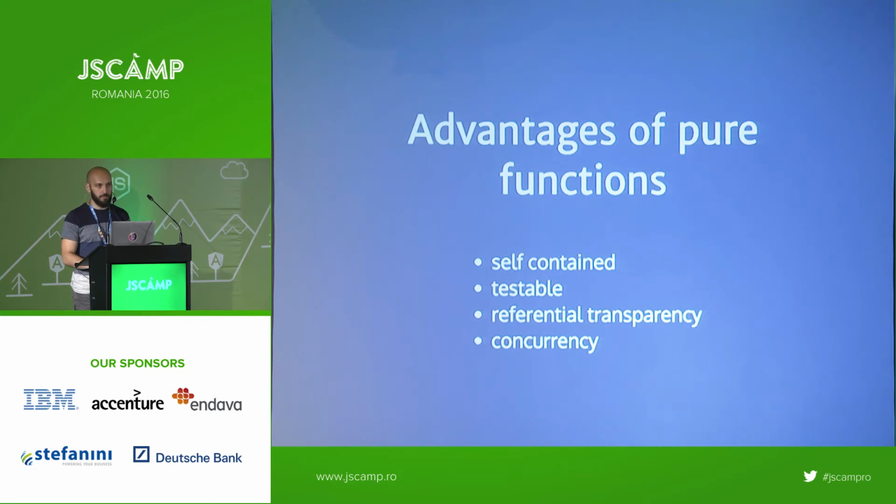Some of the advantages of pure functions. They're self-contained. They're self-documenting. They receive all they need, all the other functions they need, or all the data they need as arguments. They don't look outside of their scope.